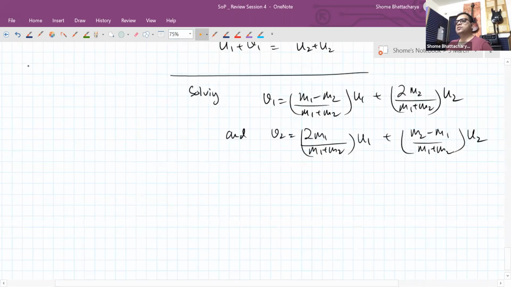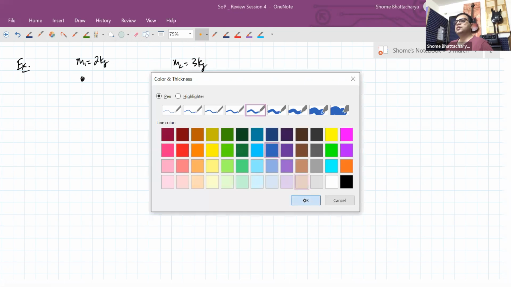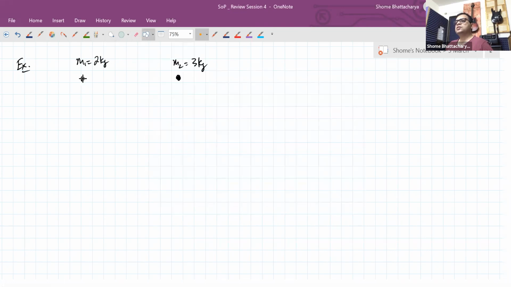So let's look at a situation like this, that we have a particle of mass 2 kilograms and another particle of mass 3 kilograms, and they are initially moving towards each other with a velocity of 1 meter per second and 1 meter per second.